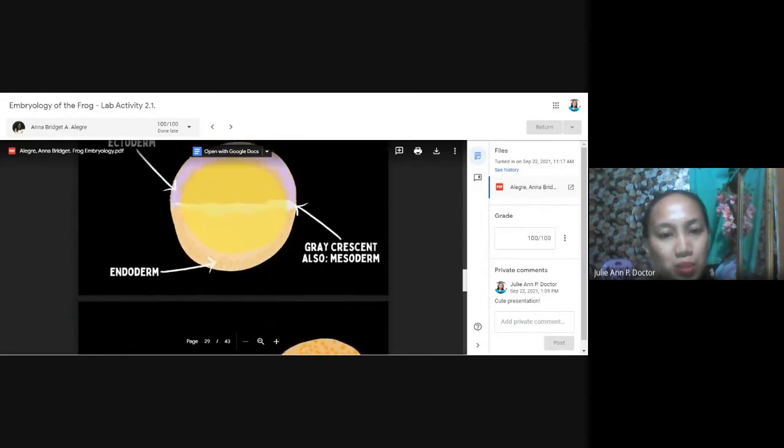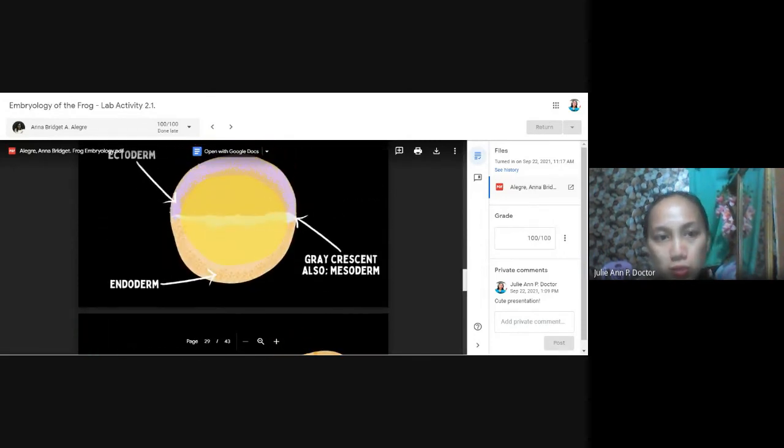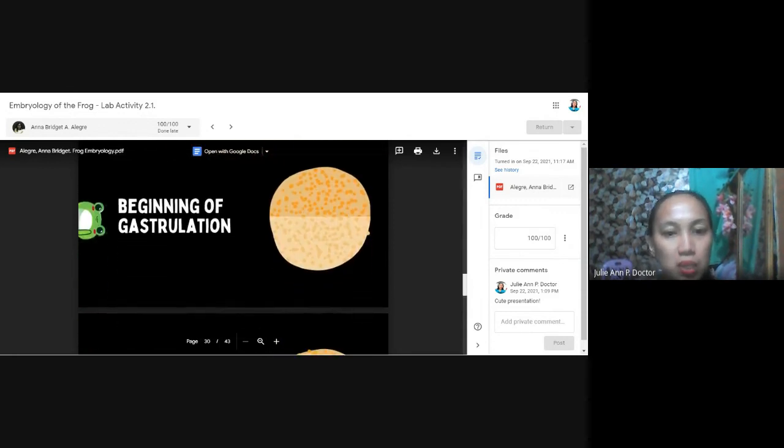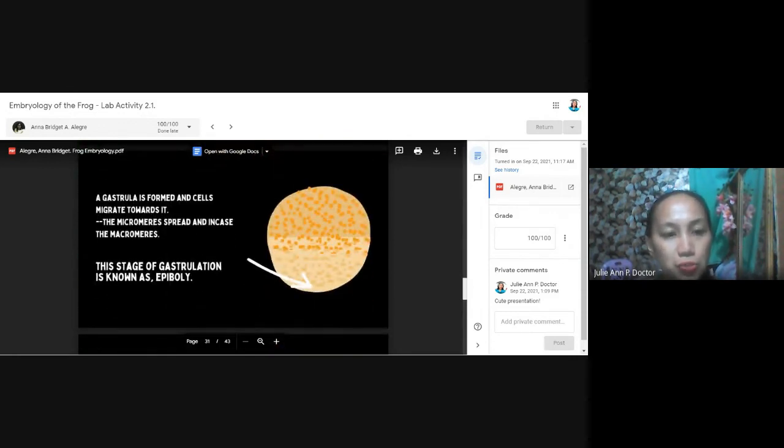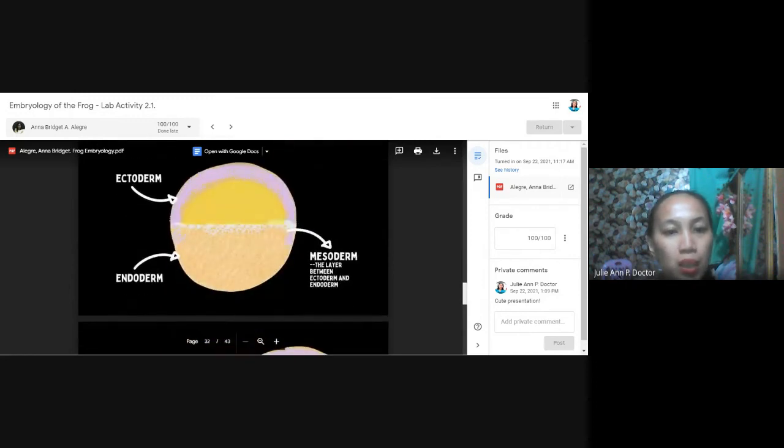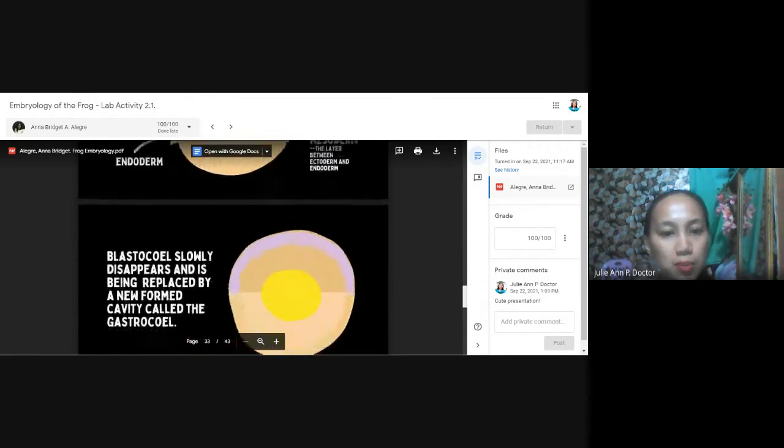Okay, similar photo as to the previous that we have seen. Beginning of gastrulation, a gastrula is formed and cells migrate towards it. Remember that differentiation is happening in this stage also. This stage of gastrulation is known as epiboly. Ectoderm, again, endoderm, mesoderm.